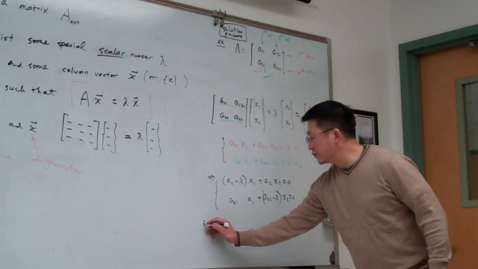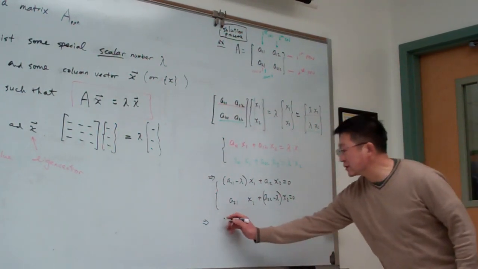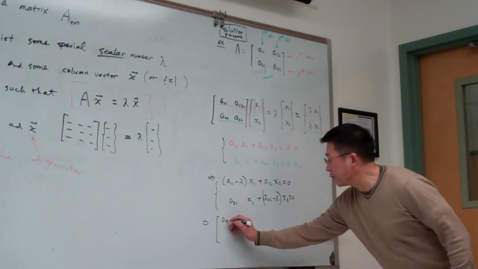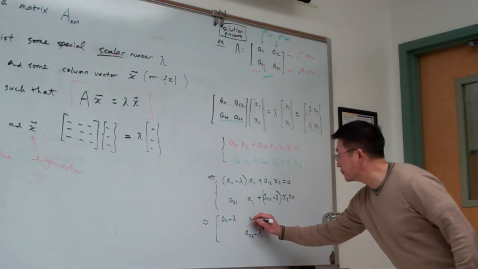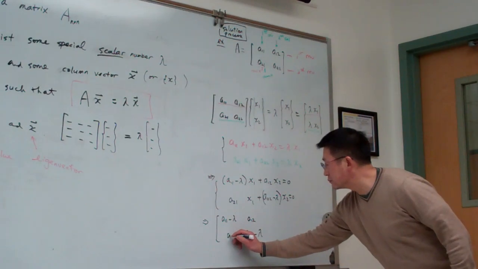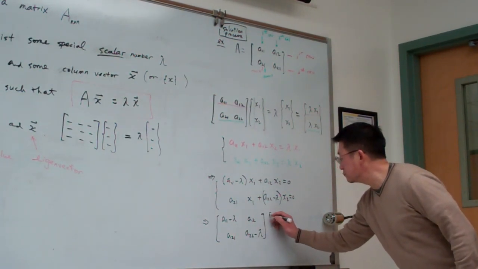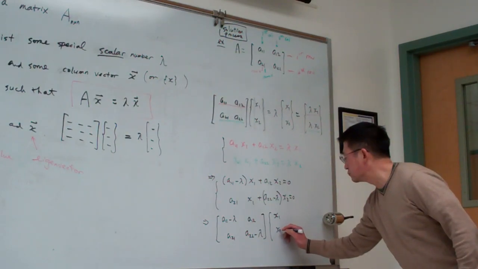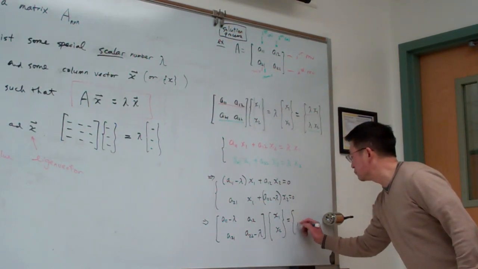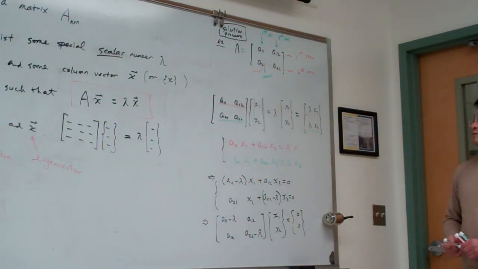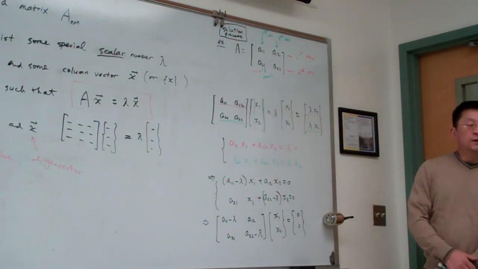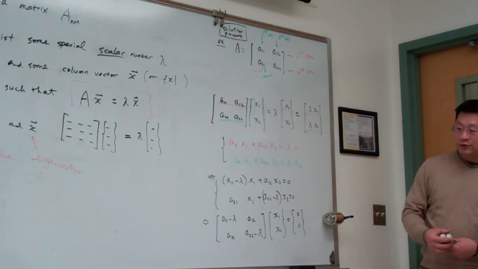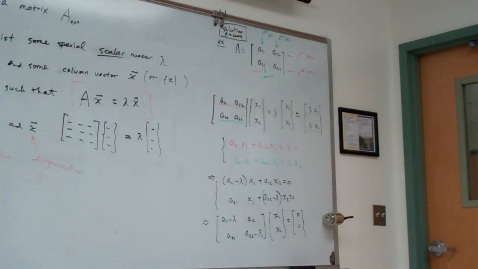Let me write it in matrix form again: A11 minus lambda, A22 minus lambda. That is the final form we want to achieve.